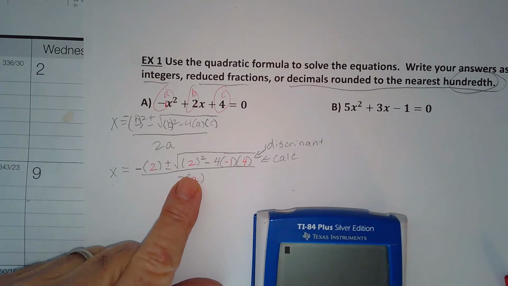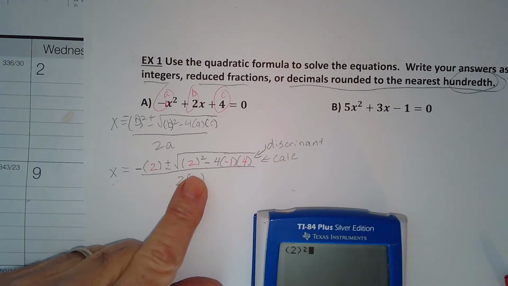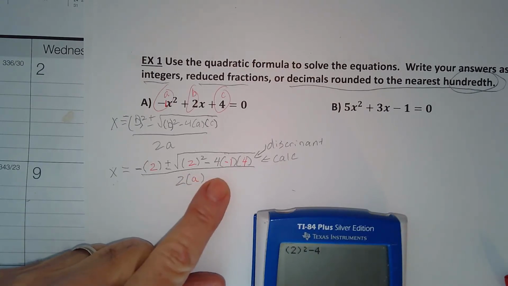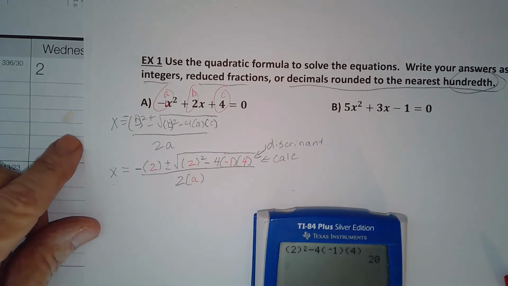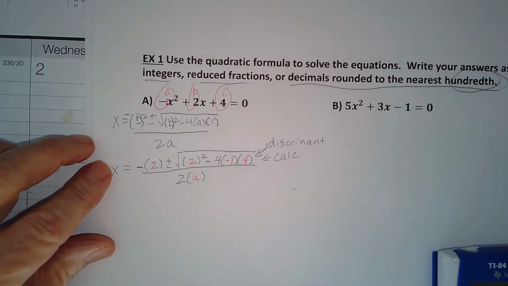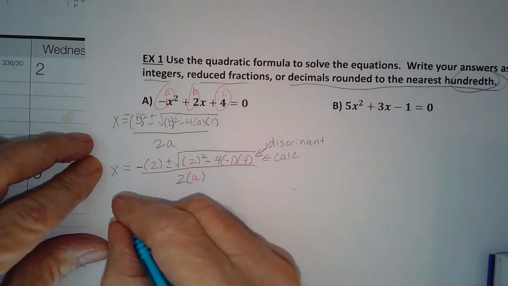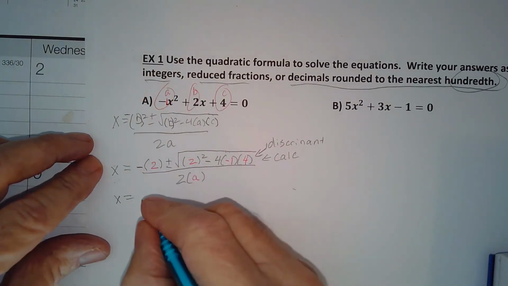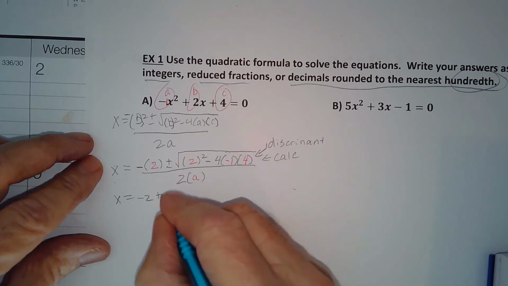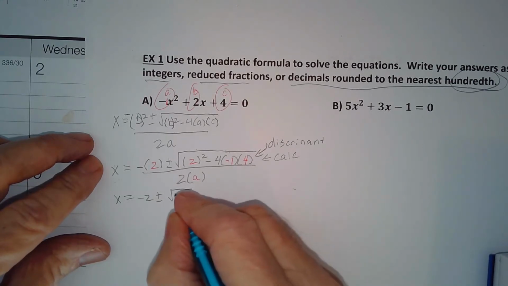So I'm going to type parentheses 2 and parentheses squared minus 4 parentheses negative 1 and parentheses, new parentheses 4 parentheses. And then hit enter, and I get 20. Okay, so that's the toughest part of this whole thing. So I just rewrite this as x equals, this is negative 2, plus or minus the square root of 20.